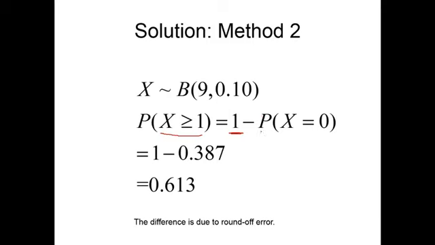So the only event we're excluding is the probability that X is equal to 0. We do the table lookup for X equals 0, we do 1 minus that, and we get 0.613. Now, there is a difference in the last decimal place, but that's due to round-off error, and it's only 1 in 1,000, not a big deal.